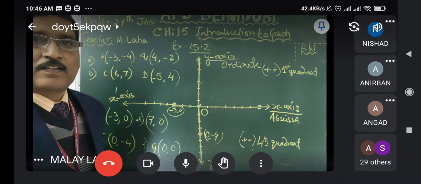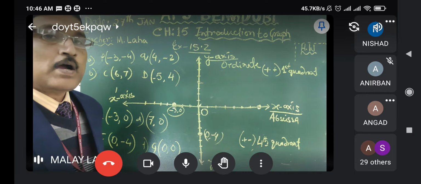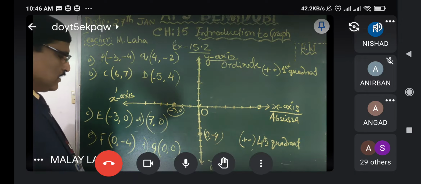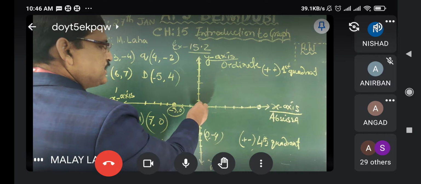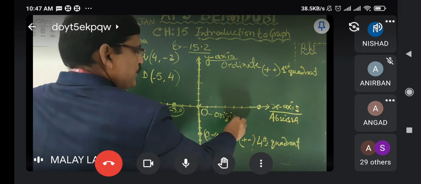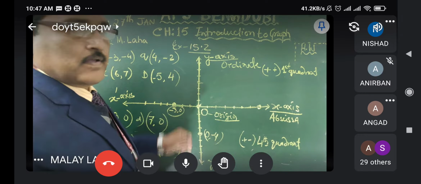Sir, Nishad. Nishad, you are 100% correct. When 0, 0 means x and y are not moving, it is located at the origin. It is located at the origin where the two axes are meeting.